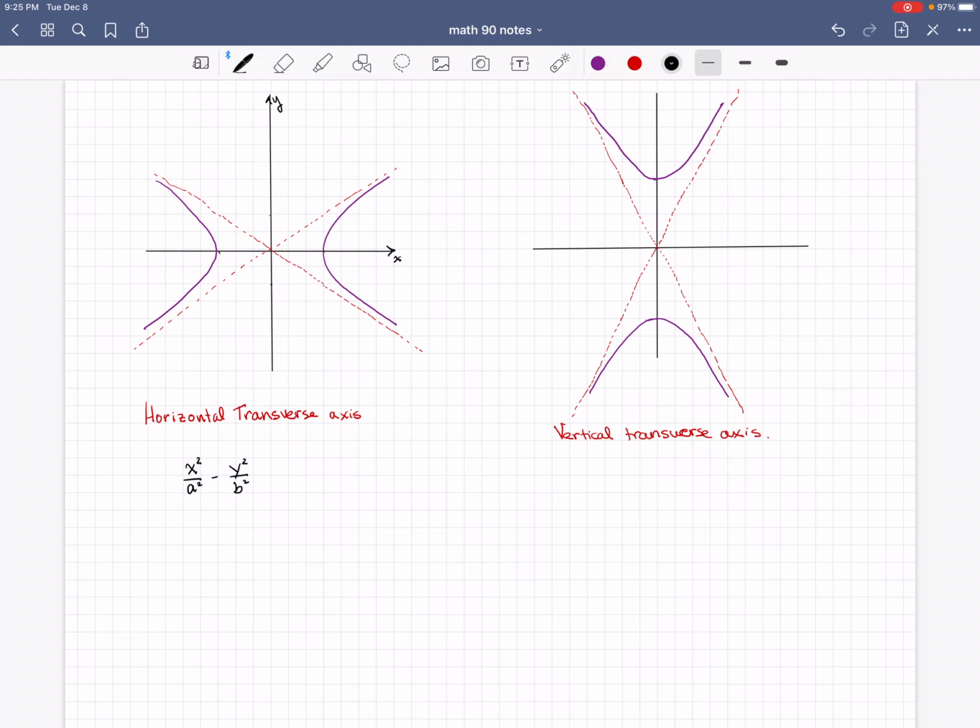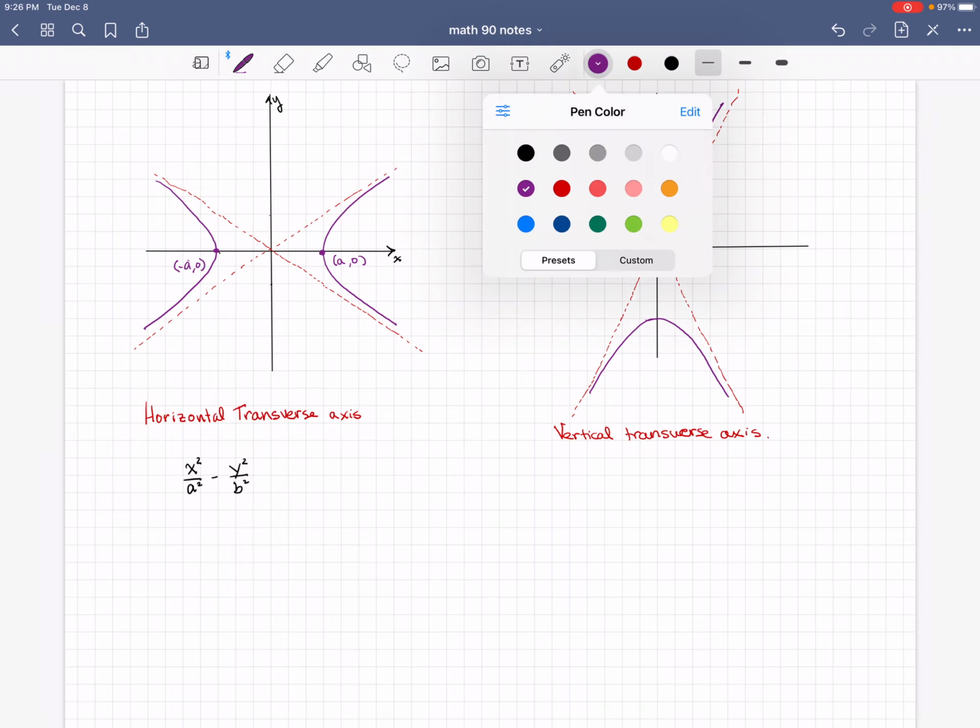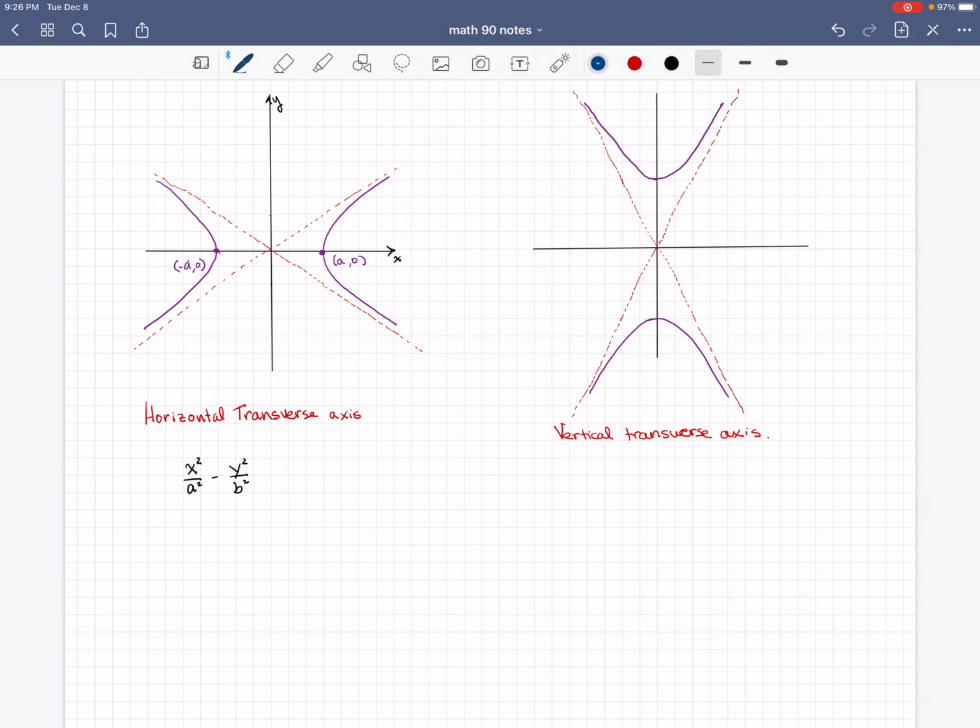So this point, kind of at the tip of the rightmost lobe, is the point (a, 0). This point at the kind of tip of the left lobe is (negative a, 0). Okay. And then this point doesn't seem like it's playing a particularly important role here, but I'm going to label it anyway.